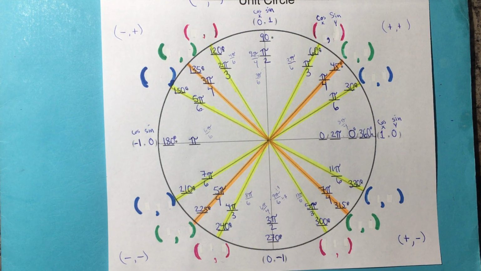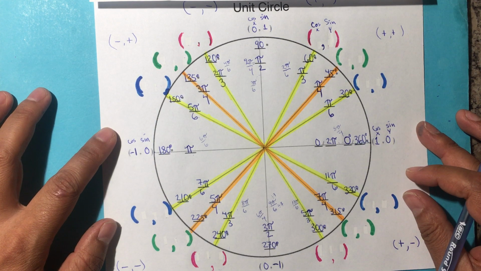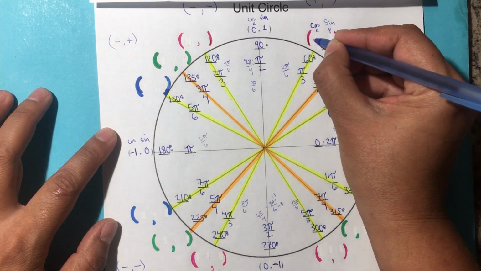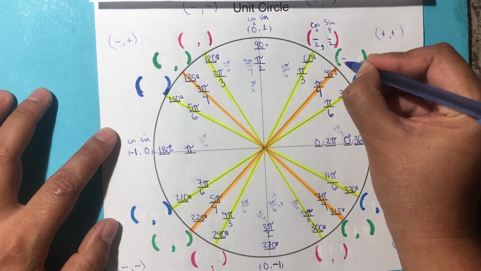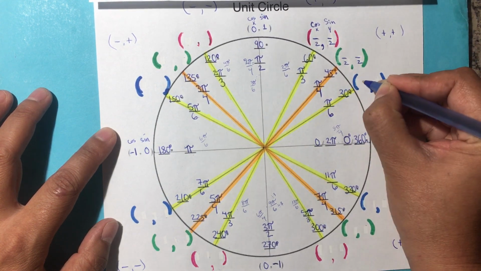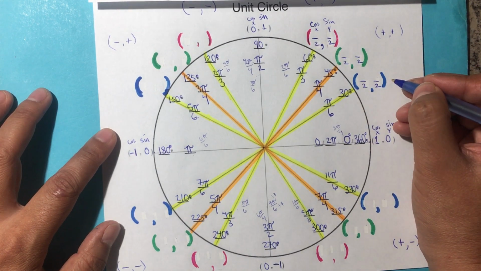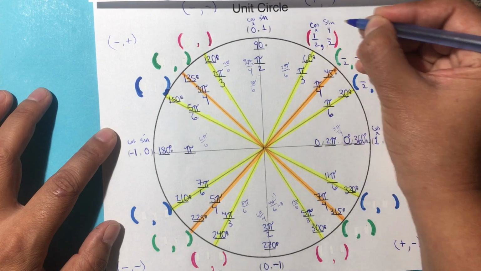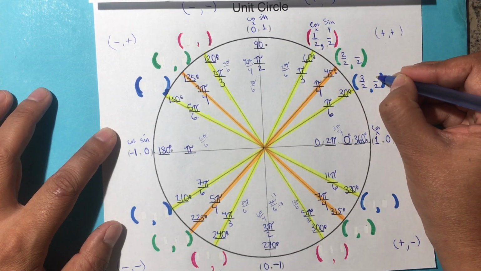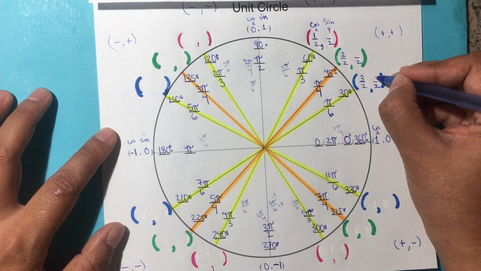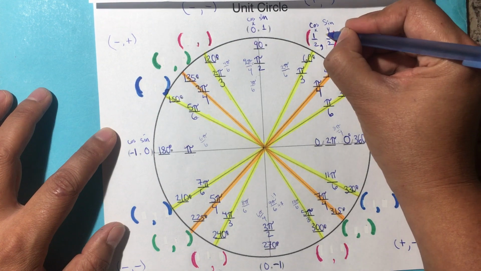And so for the other ones, this is what I want you to do. You're going to put all the denominators as 2. All the denominators are going to be 2. And look at what you're going to do. You're going to put 1, 2, 3, and then move to the y value, and you're going to go up. 1, 2, 3.